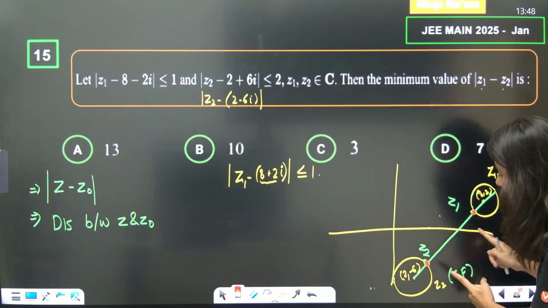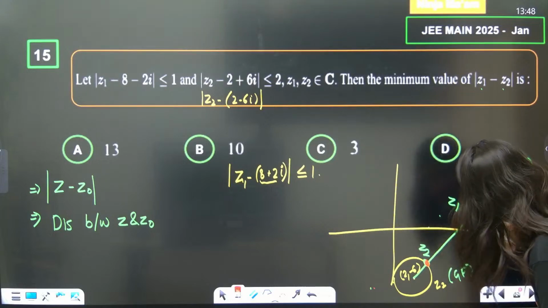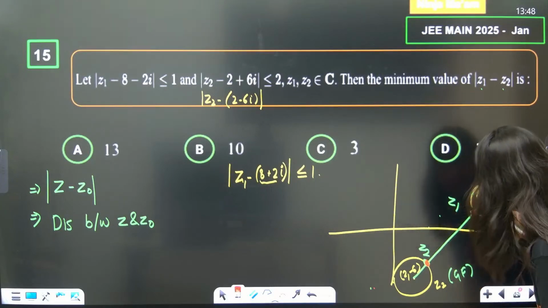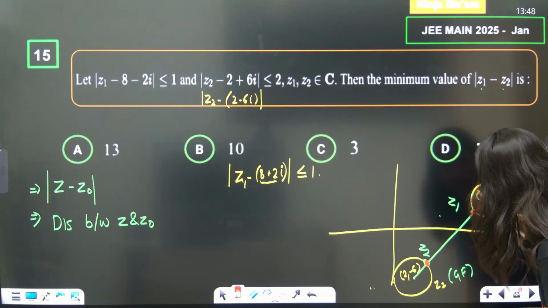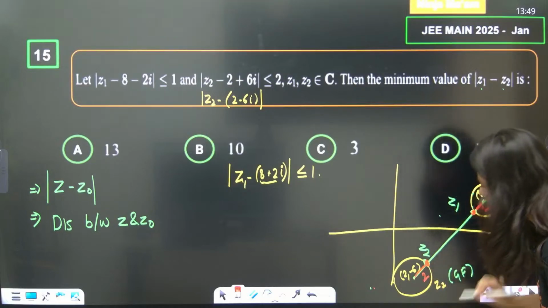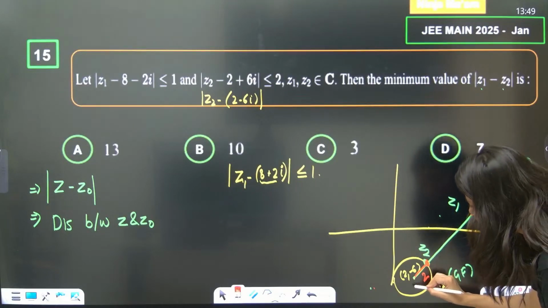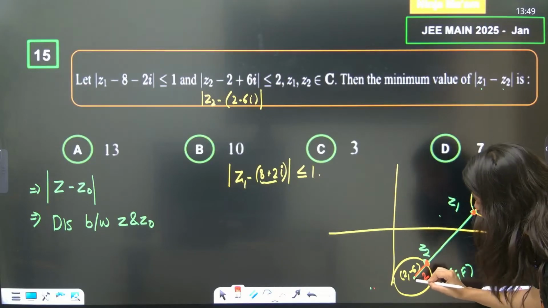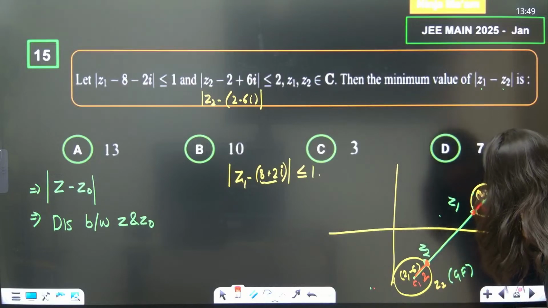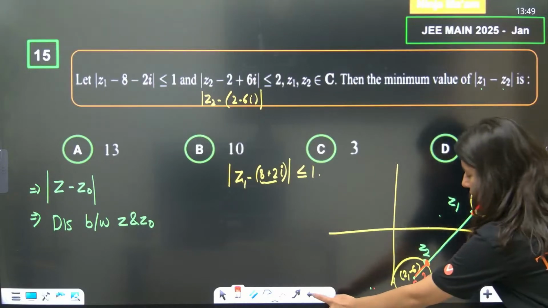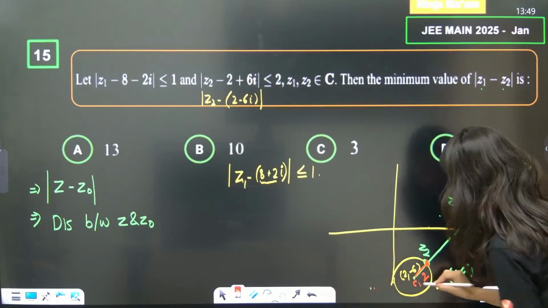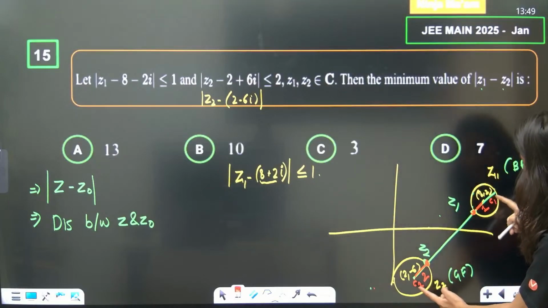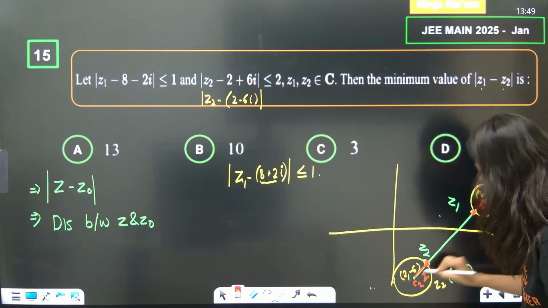Now what are you looking for? You are looking for this distance. By the way, this radius is 1 and this radius is 2. Let's say this is C1 and this is C2, the centers. Just tell me the distance between C1 and C2.